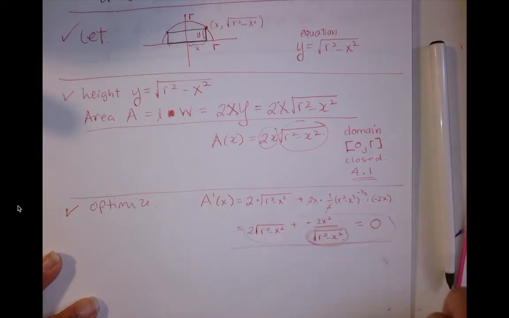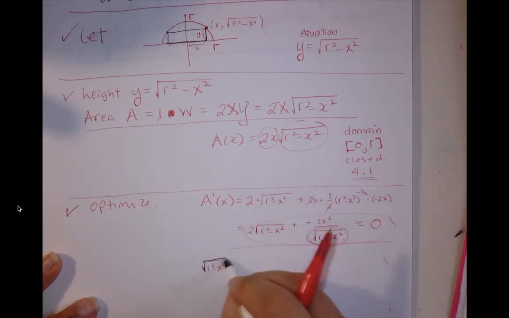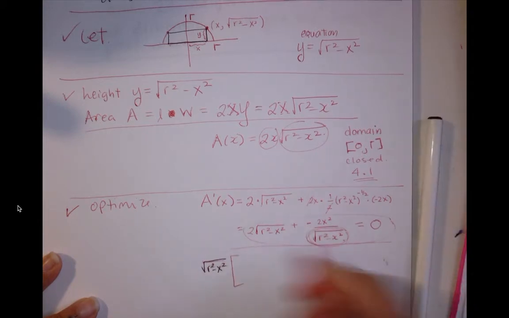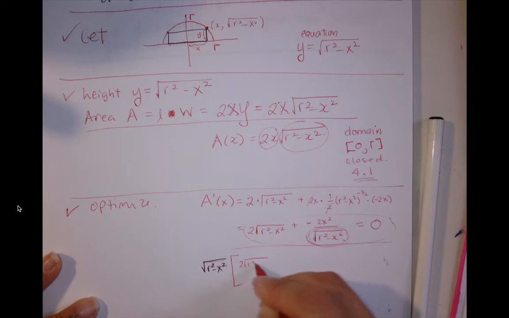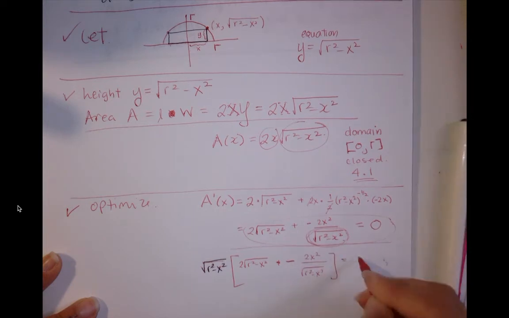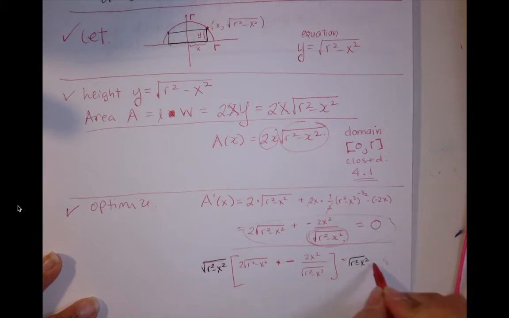There are other ways to do this. So here's my least common denominator. I'm going to clear out this. Oops, I got a minus. And then I multiply both sides by √(r² − x²).